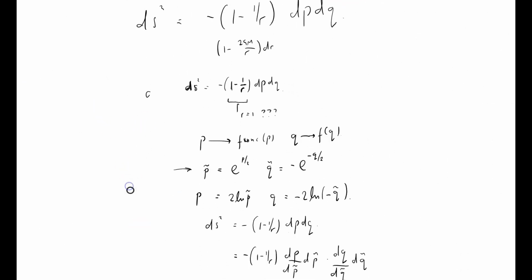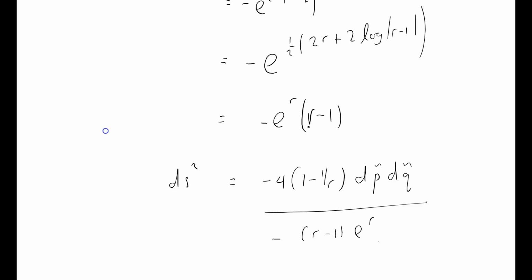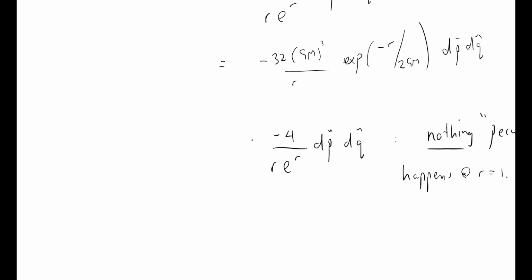This rather inauspicious looking coordinate transform just happens to behave exactly in the right way to cancel out the coordinate singularity at r equals 1. And we've got this rather beautiful system here. I'm going to stop there. That's nice, isn't it? Minus 4 over r e to the r dp twiddle dq twiddle. Super.